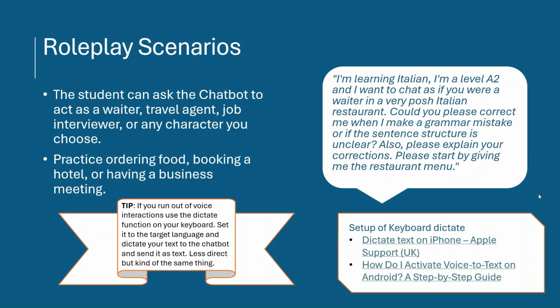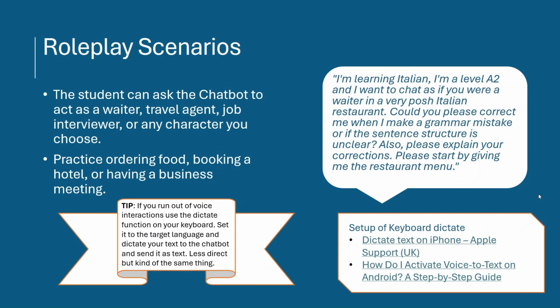So, role play scenario. This is a plain role play. The student can ask the chatbot to act as a waiter, travel agent, job interviewer, or any character that they choose, and practice ordering food, booking a hotel, having a business meeting.